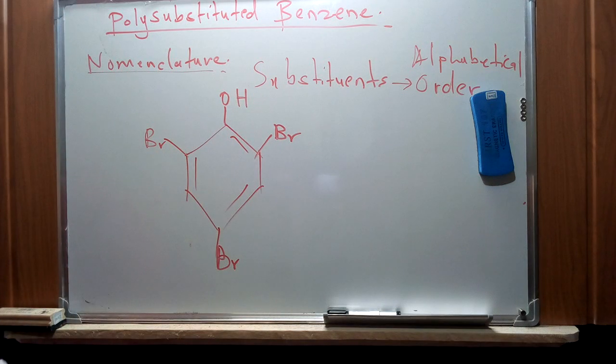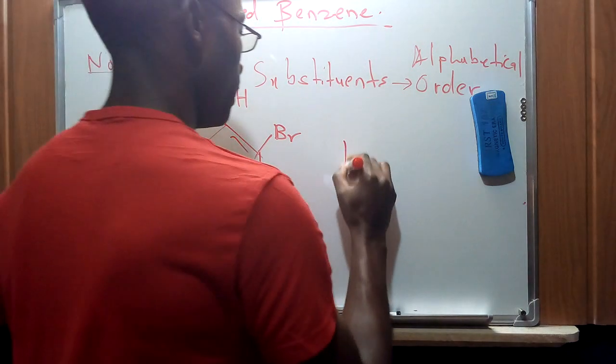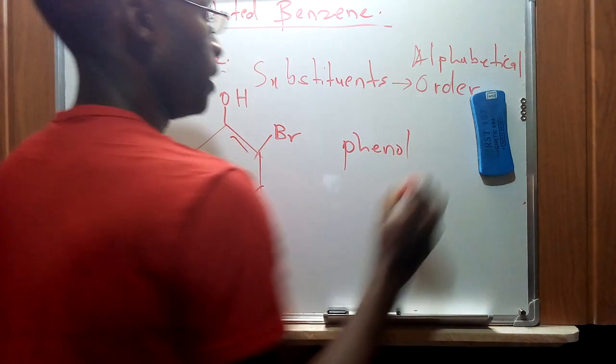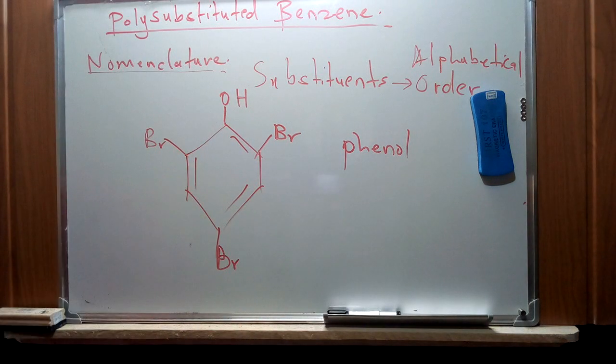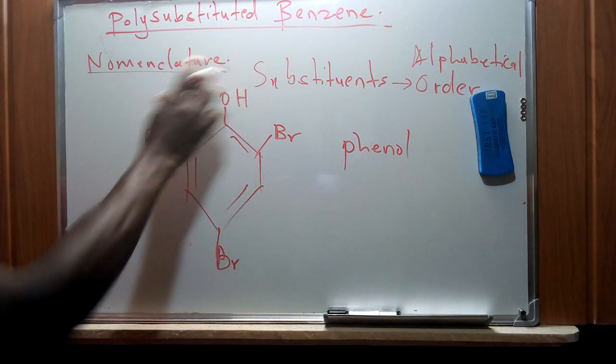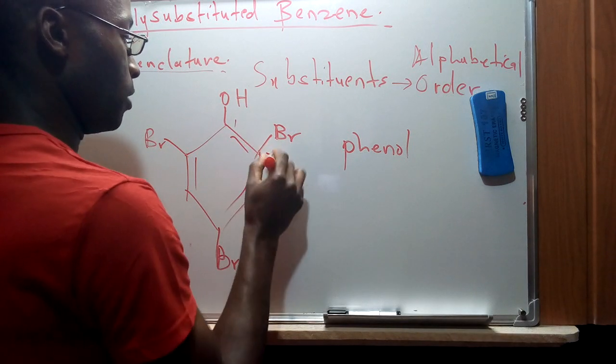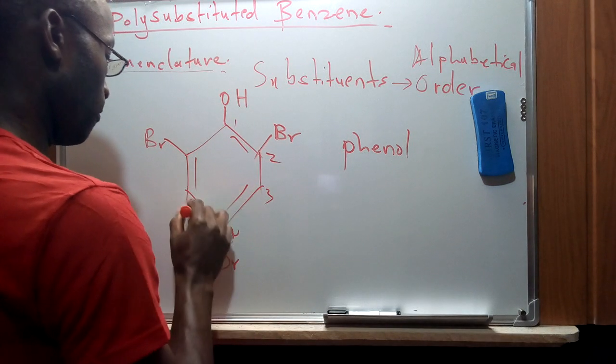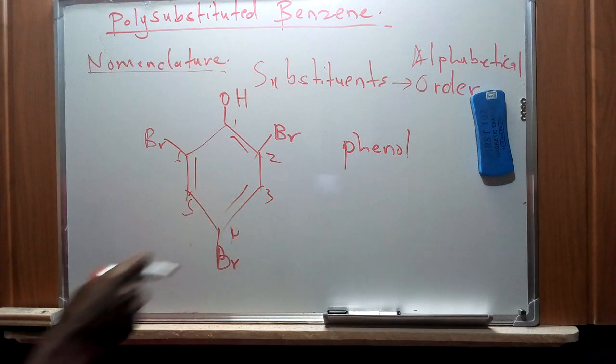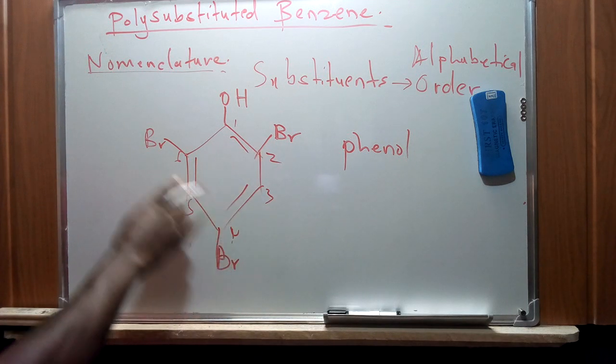So in this case, we had a special name for this category, of course, from the monosubstituted benzene. We said this benzene molecule that has a substitution for the OH group is known as phenol, and therefore we are going to count the substitution points. This is number 1, 2, 3, 4, 5, 6. So there are 3 substitutions at point number 2, 4, and 6.